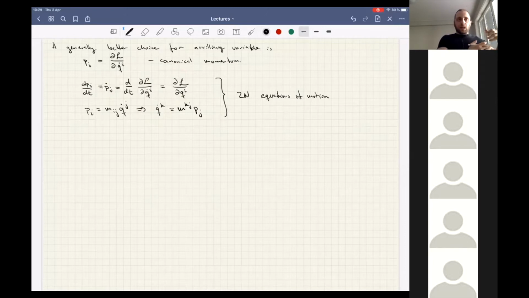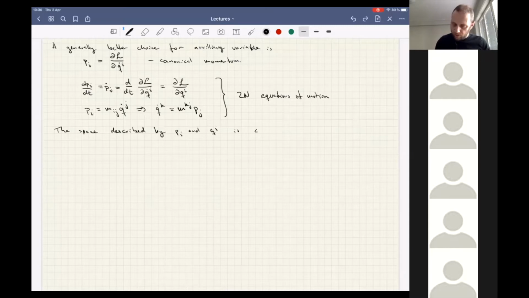So I can consider a space where I have coordinates q and p, just as I could have a space described by coordinates q in Lagrangian mechanics, which was called configuration space. So this new space, with p_i and q_i, is called the phase space.